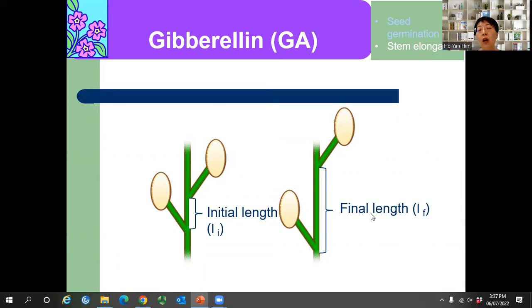Then you can find out the rate of growth. The rate of growth is actually LF minus LI, divided by T. So that's the rate. This is how you calculate the rate.